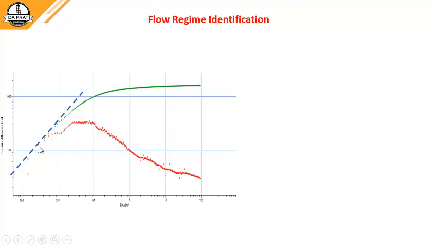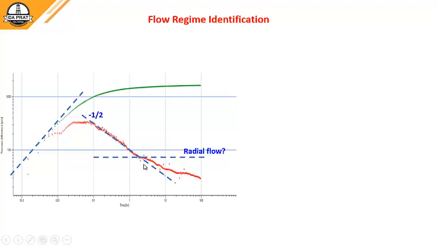If you analyze, there is wellbore storage initially. Then we have this trend here, and if we calculate the slope, it is minus one half. This slope is very characteristic of spherical flow, let's say.